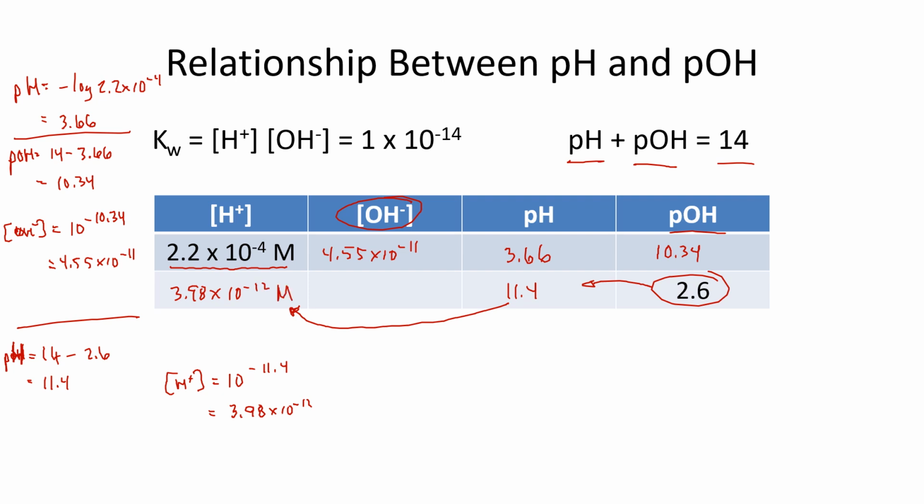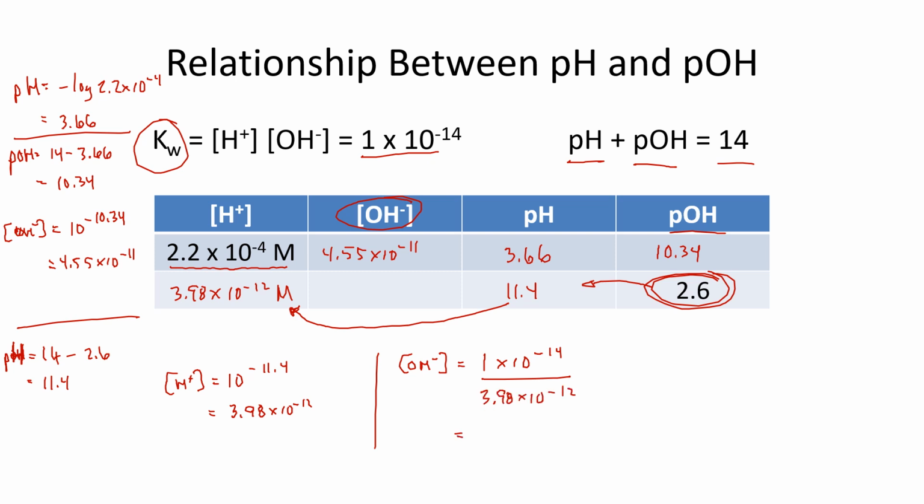So we could do the same thing with our pOH value here, but just to mix things up, I'll remind you that the equilibrium constant for hydrogen and hydroxide equilibrium is 1 times 10 to the negative 14. And so if we want the hydroxide ion concentration, we will take 1 times 10 to the negative 14, and we'll divide it by the hydrogen ion concentration, which was 3.98 times 10 to the negative 12.